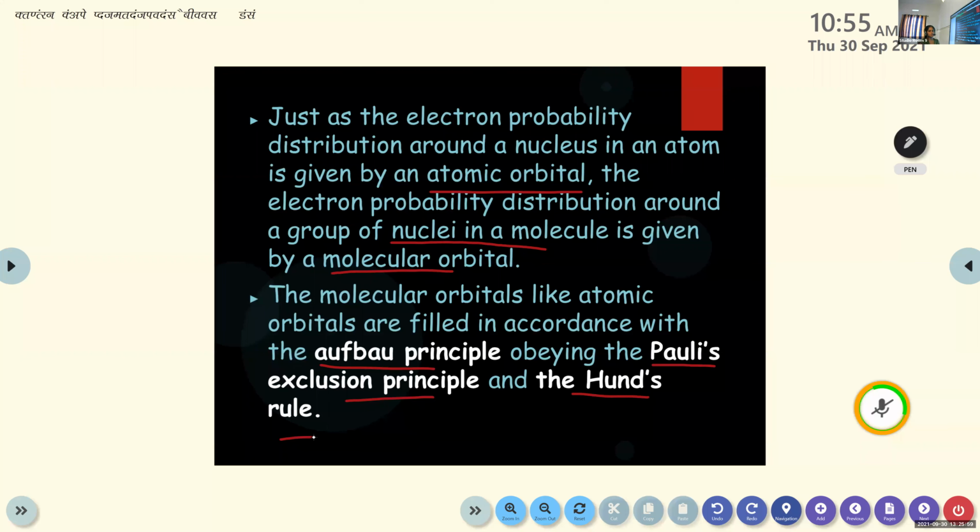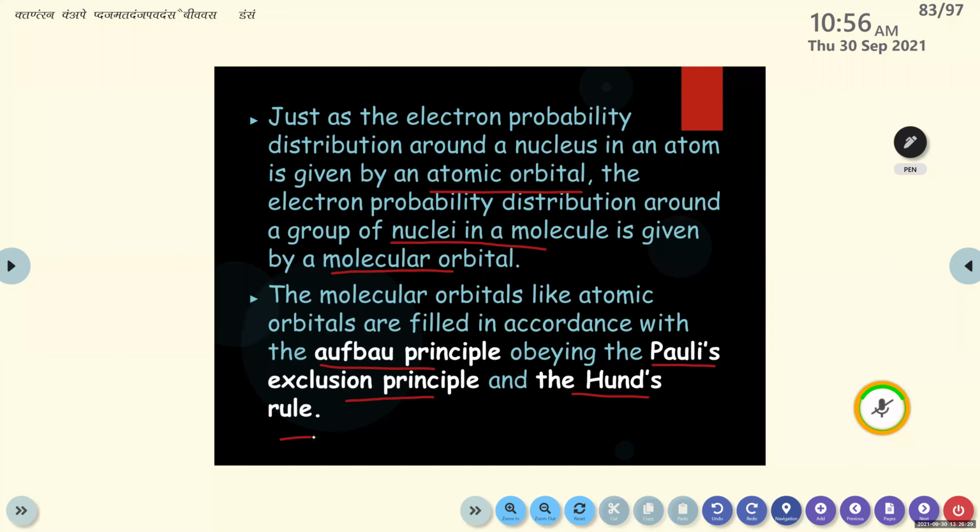Jyoti, can you read the 2 points? Children, please switch on your videos. Yes, ma'am. Just as the electron probability distribution around a nucleus in an atom is given by an atomic orbital, the electron probability distribution around a group of nuclei in a molecule is given by a molecular orbital.